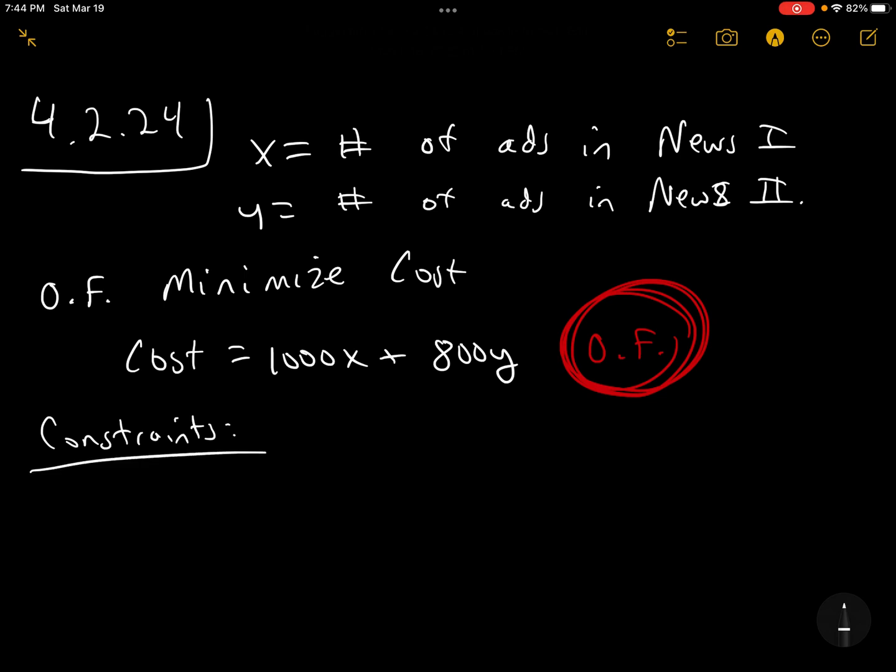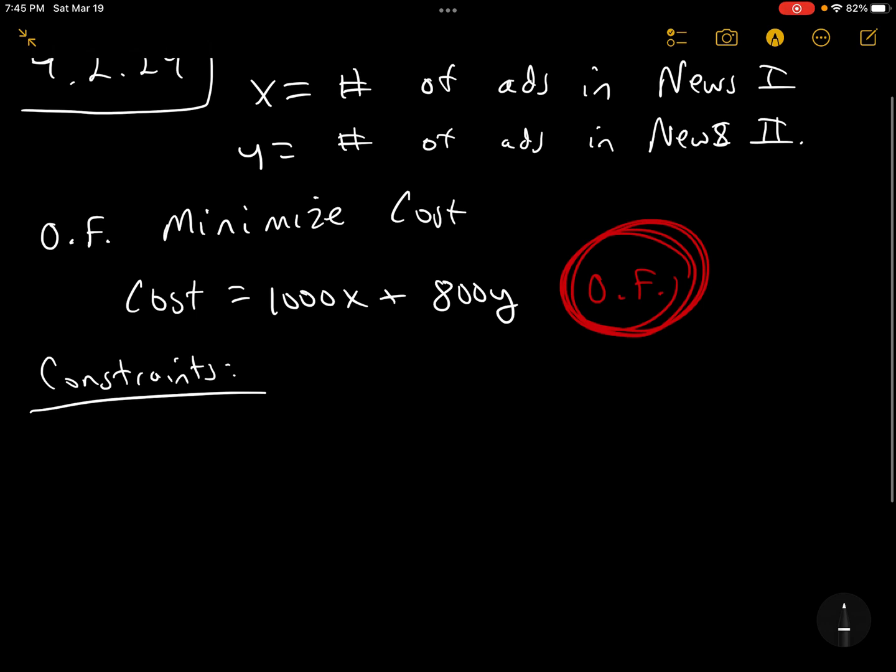You're really constrained by 3 groups, group A, group B, and group C. So there's going to be 3 constraint functions or inequalities.